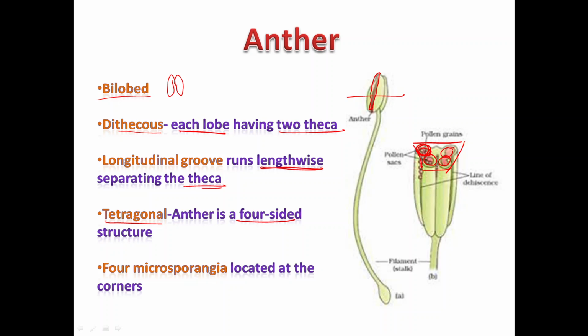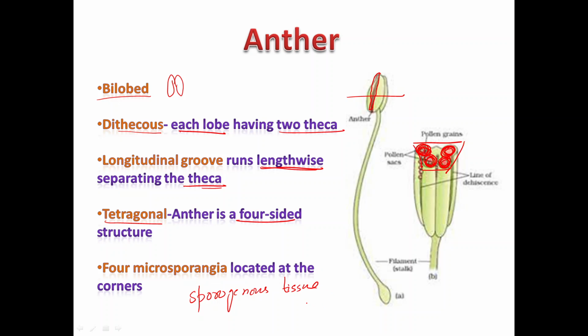So this is 1 microsporangia. Inside the theca, there is microsporangia. And the tissue inside it is called sporogenous tissue.